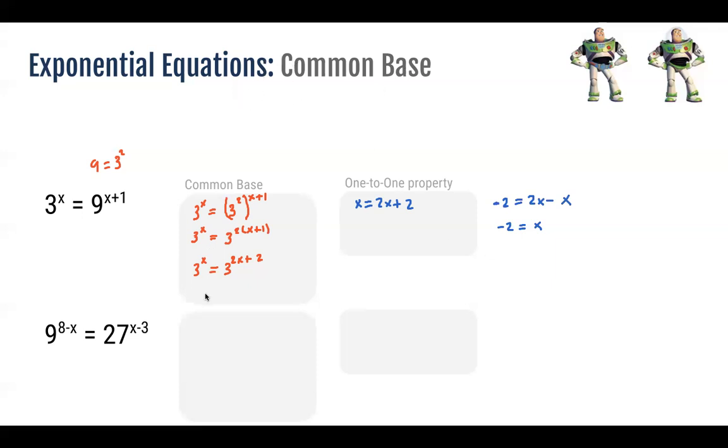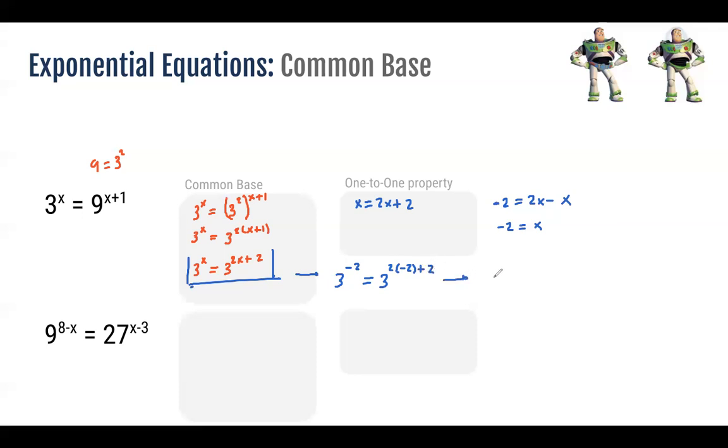So if we substitute in this version of the equation right here, and we substitute that minus 2, we're going to end up with 3 raised to the power of minus 2 has to be equal to 3 raised to the power of 2 times minus 2 plus 2.